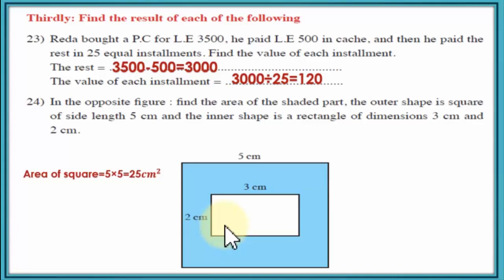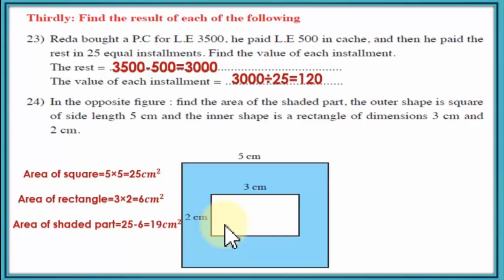Area of square equals 5 times 5, which is 25 cm squared. Area of rectangle equals length times width, 3 times 2 equals 6 cm squared. So the area of the shaded part equals 25 minus 6, which is 19 cm squared.